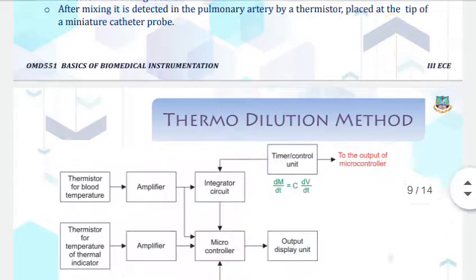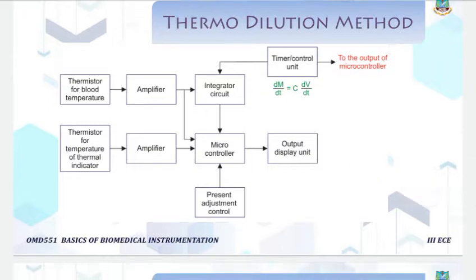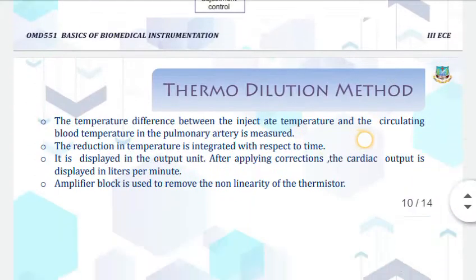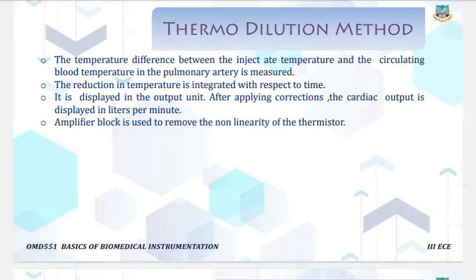This is the block diagram of the thermodilution method. The injected temperature and the circulating blood temperature in the pulmonary artery are measured, and we take the difference between them. The reduction in temperature is integrated with respect to time, as shown in the block diagram.